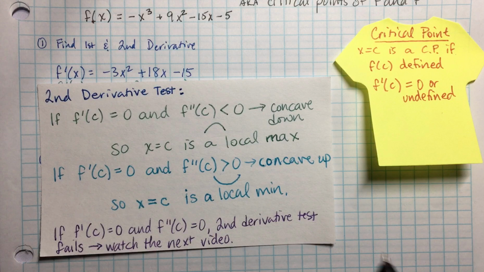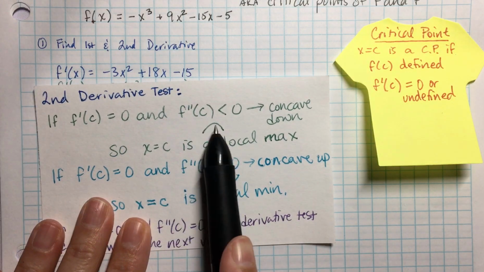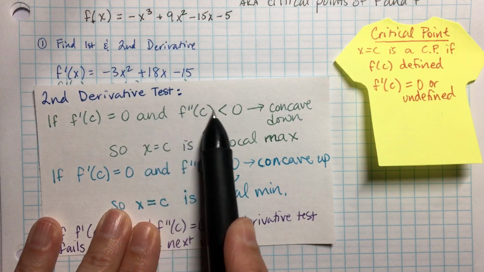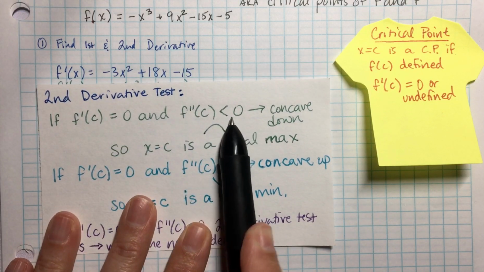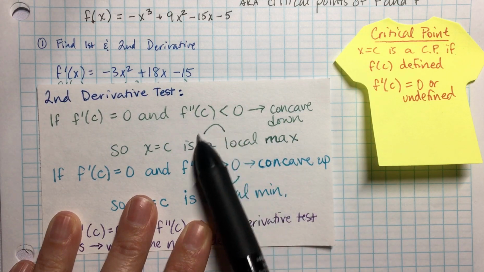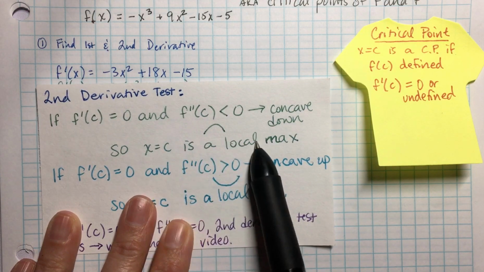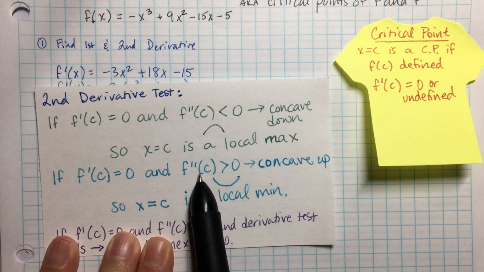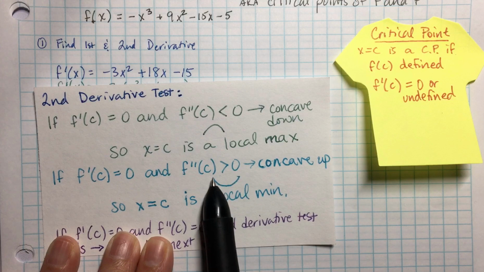If you have a first derivative that's 0, so it's flat, and your second derivative is negative, that would be concave down, so it would look something like this. So x equals c would be a maximum. If you have a positive second derivative, it's going to be concave up.